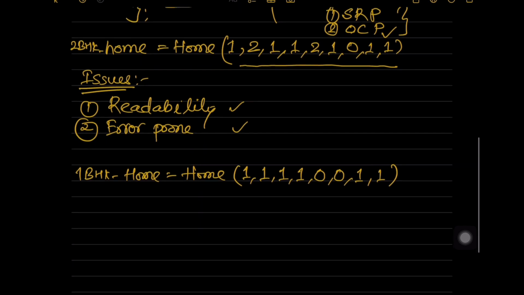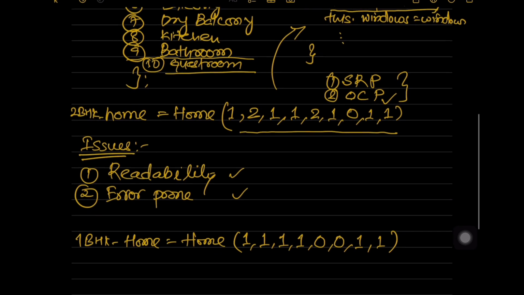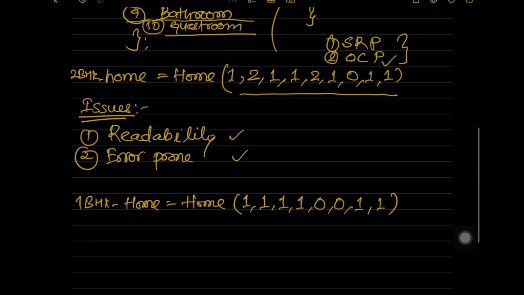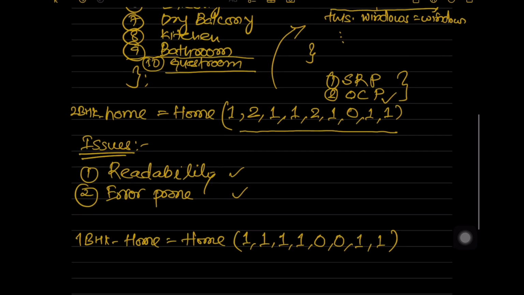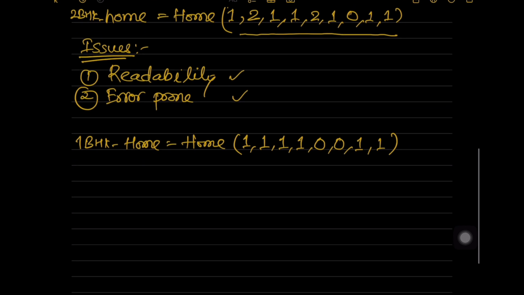So let's proceed. We have this one constructor which has all the parameters, and you can see another problem.